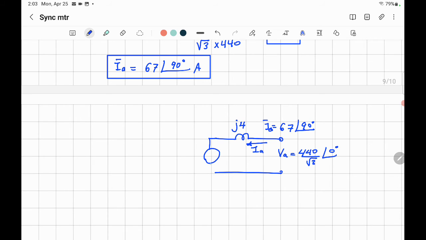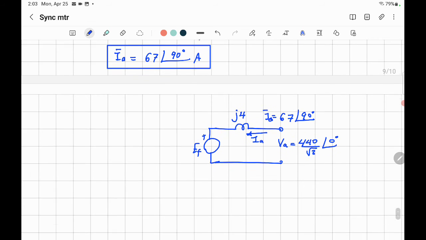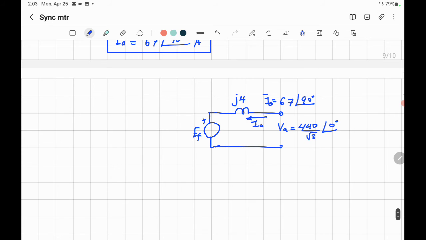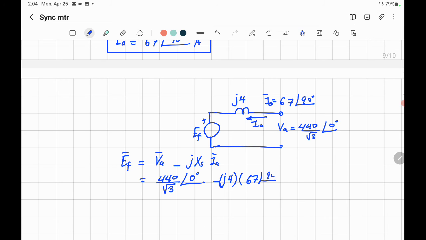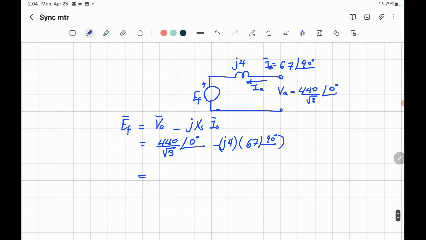And now we can get the field or excitation voltage that will help us improve the power factor, because we got IA. And remember, we got IA from QM, from the reactive part. So now EF is equal to VA minus jXS IA. That will be equal to 440 divided by square root 3 angle 0 minus j4 times the current 67 angle 90, and you get EF.